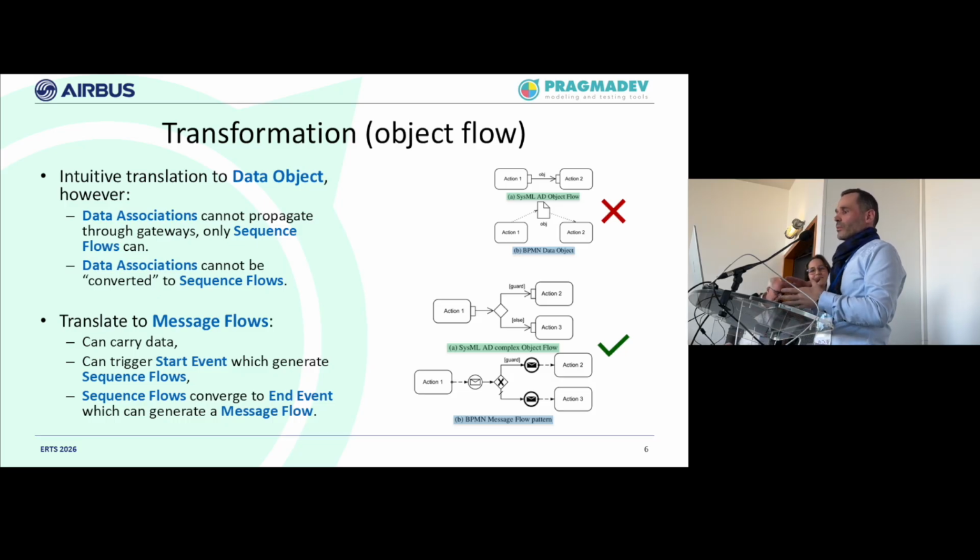Semantically, of course, they are not the same thing as the data association, but they are quite similar, because the data carrying part, which is associated to the data object, can be also associated with the message flows, because messages in BPMN also carry data.